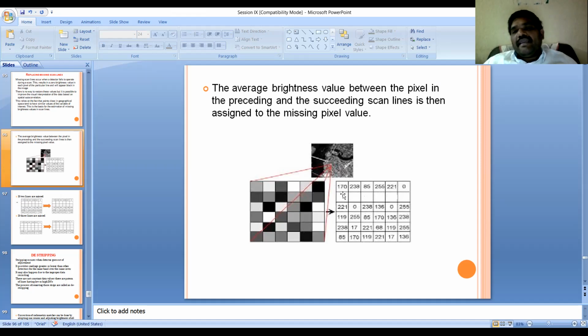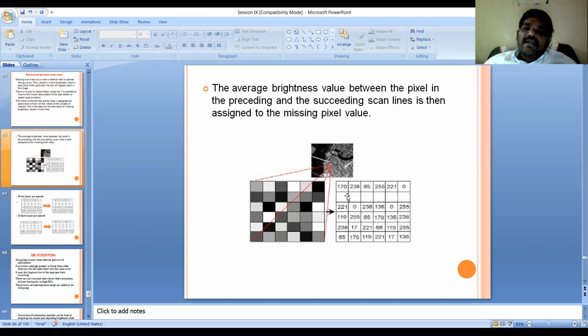Simply by adding the digital numbers of the respective pixels, the previous line pixel values and the subsequent line pixel values around the missed line, whatever answer we got must be averaged, that means divided by 2.